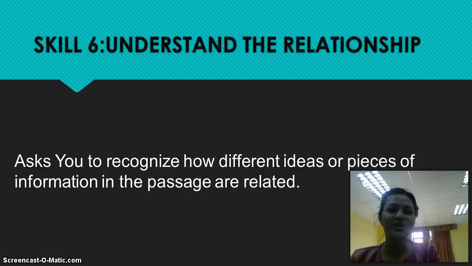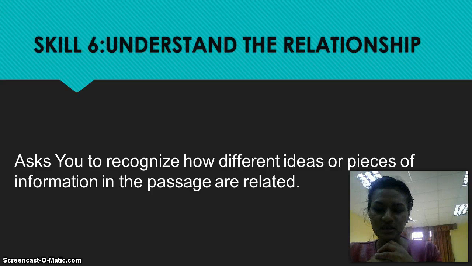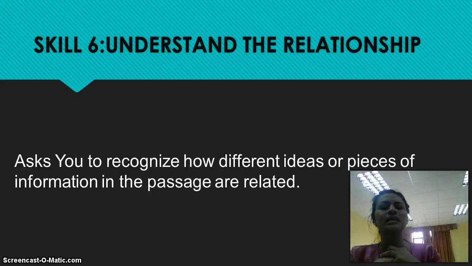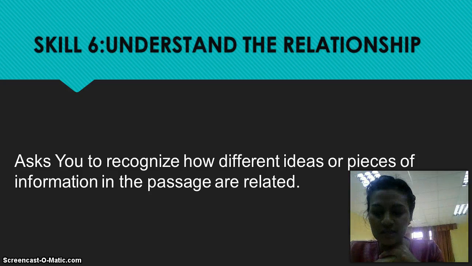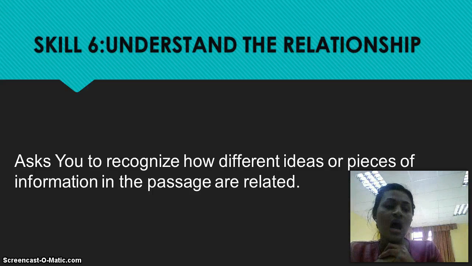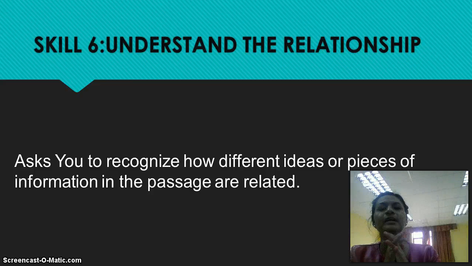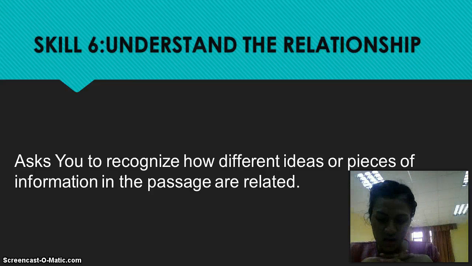Okay, so the last skill is understand the relationship, inference, and drawing conclusions. What is this skill about? This type of question asks you to recognize how different ideas or pieces of information in the passage are related.